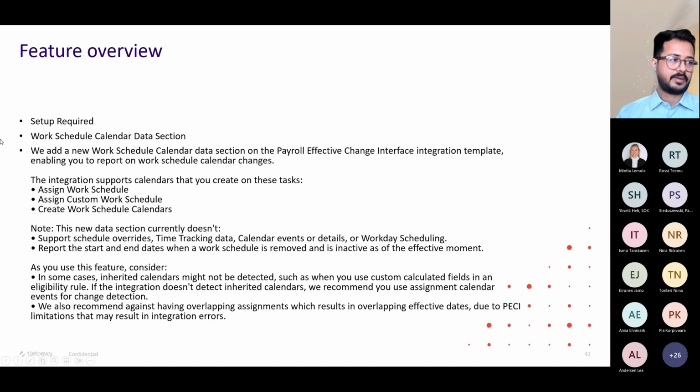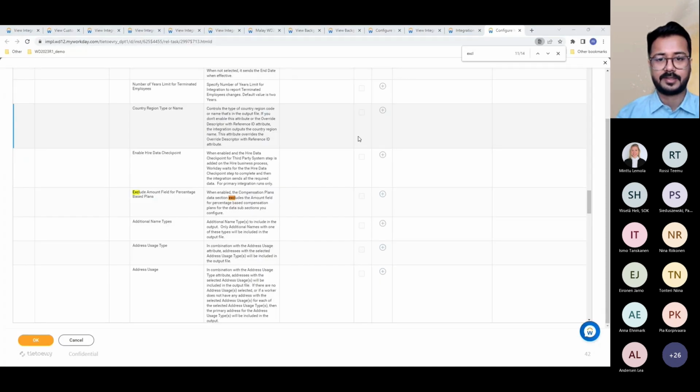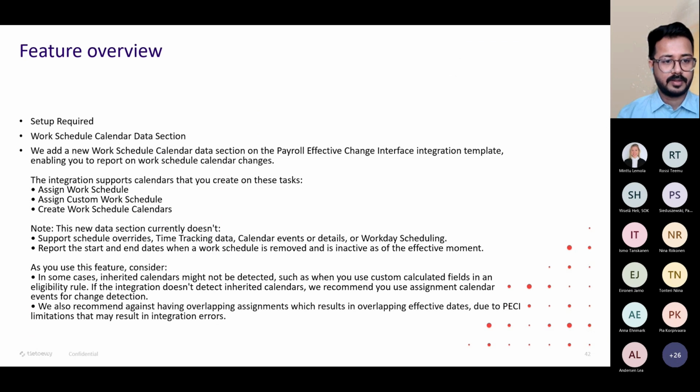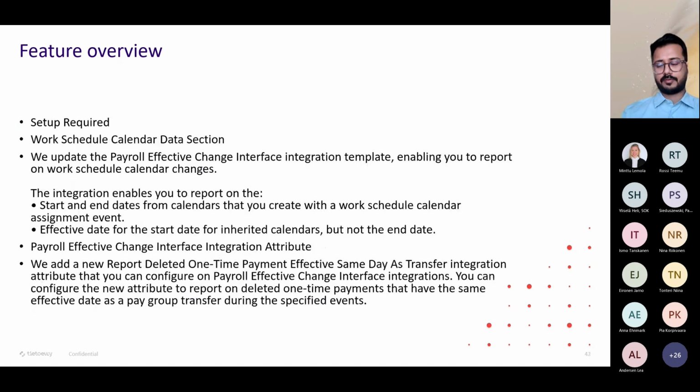I couldn't find this setting in our GMS tenant, but then again, I would be happy to show you in your own tenant. We have a few problems in our GMS tenant. I hope you all understand. Then we will go to the next feature. This is again a bit of explanation of the work schedule calendar data section. It will enable you to report the work schedule calendar changes and the start and end dates.